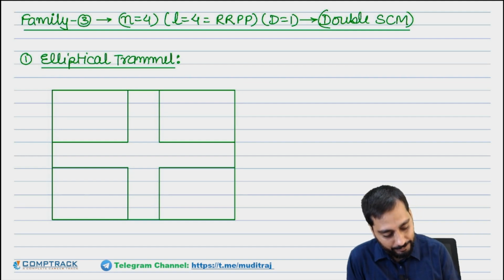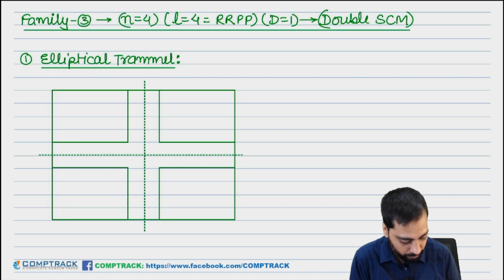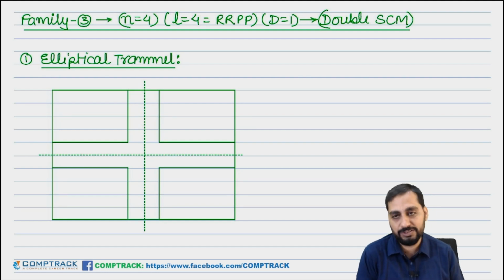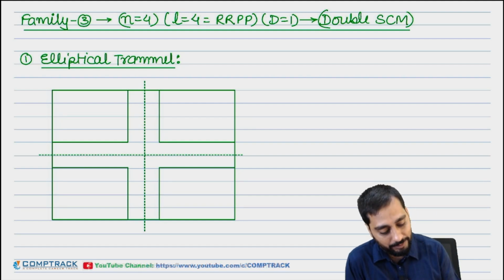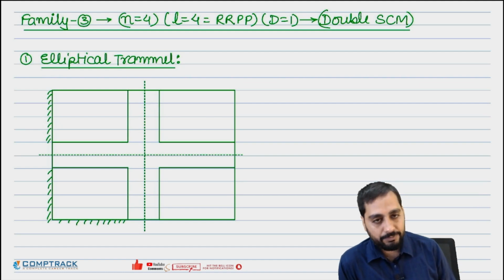Okay, so these are like two cylinders. One is a vertical groove and one is a horizontal groove, or in x direction, y direction. They will behave like cylinders. Okay, so this whole frame is fixed. They are like cylinders, grooves.